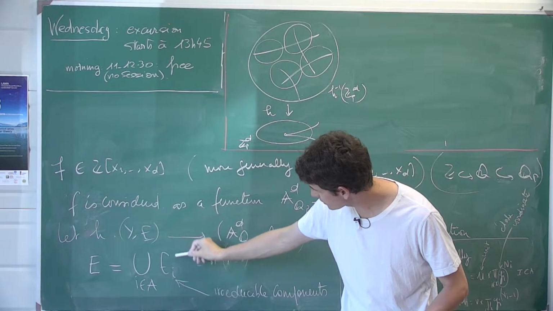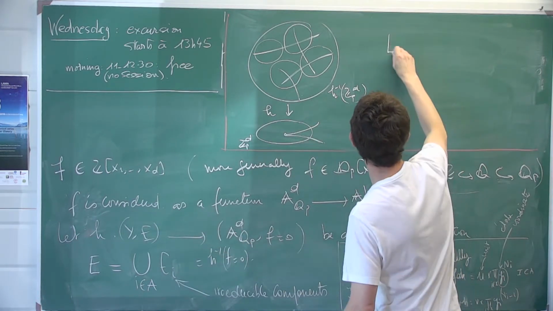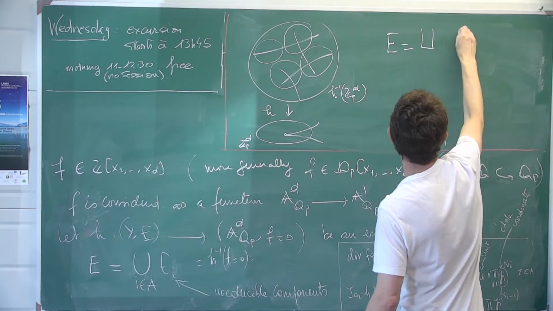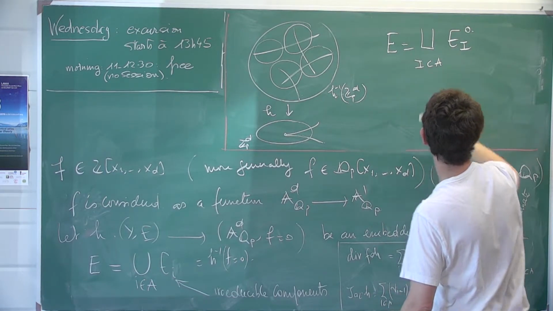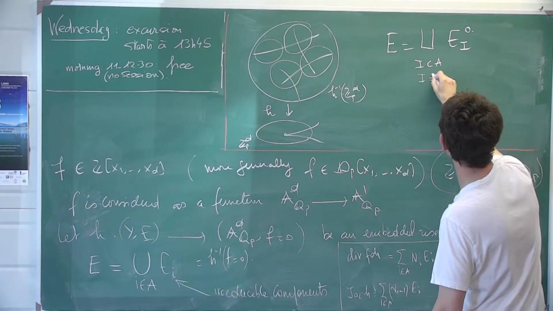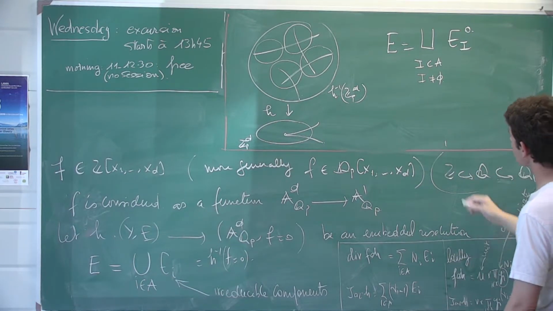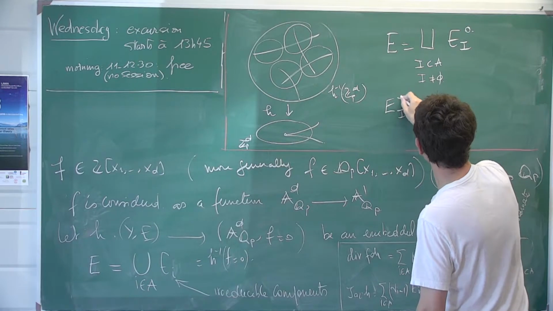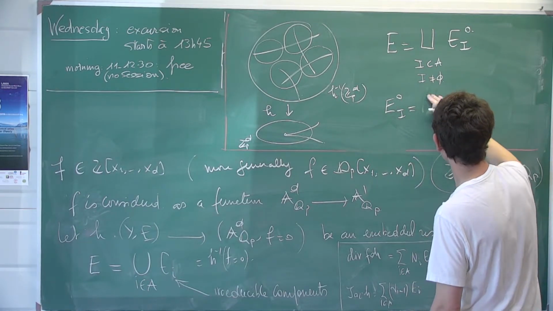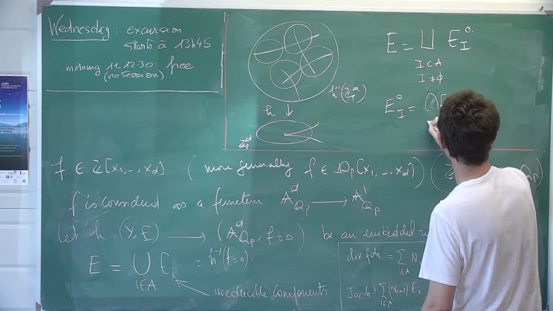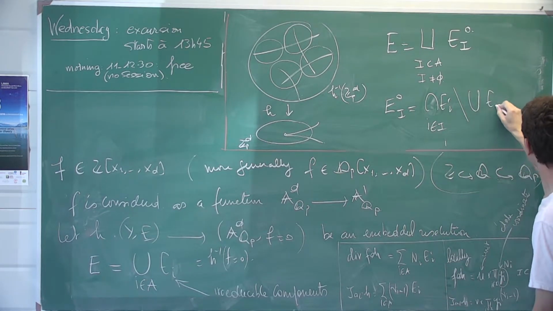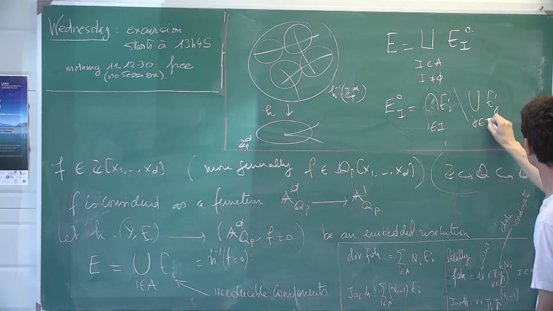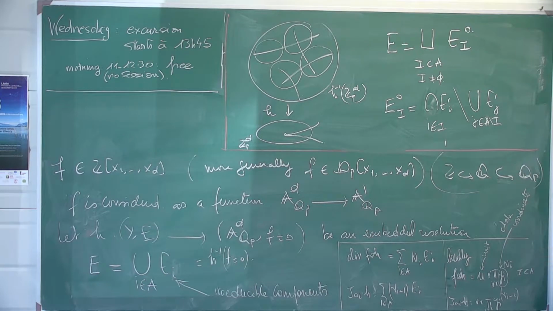trivial stratification of E. Usually we write it like that, where E_I^0 is the intersection of the elements in I minus the union of the others.